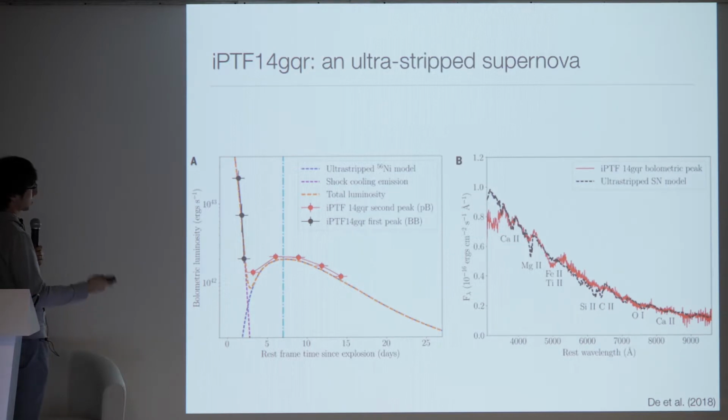This is not made to match this particular supernova, but came just out of the ultra-stripped supernova model, and we just overplotted it, and it matches very well. So this particular supernova was a good candidate for an ultra-stripped supernova, and it may have formed a binary neutron star system, which may merge in some time.